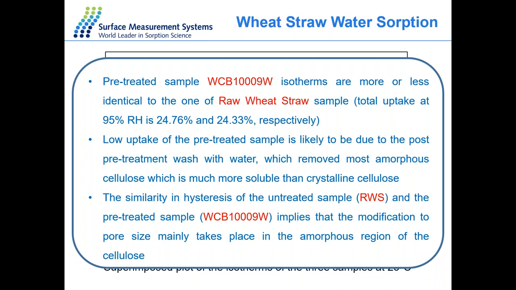So the similarity between the raw material and the washed material indicates that when we modify our material, we are increasing the total sorption capacity, but that is mainly related to the amorphous material that we generate during the treatment. If we wash the sample after the treatment, the majority of the modified amorphous material, which is causing the higher uptake, is removed completely. Consequently, we go back basically to the initial property of the raw material.